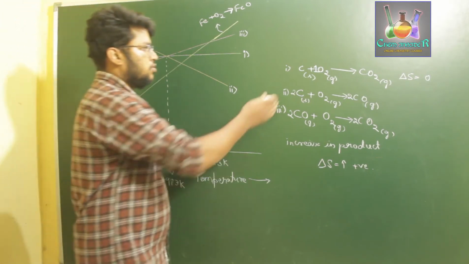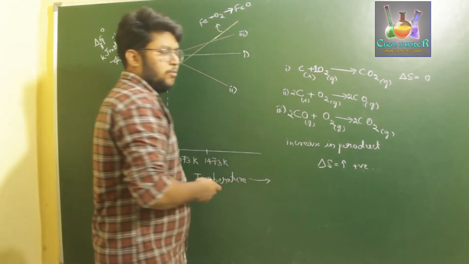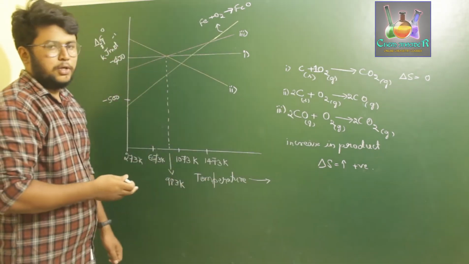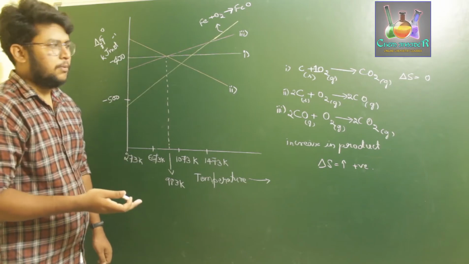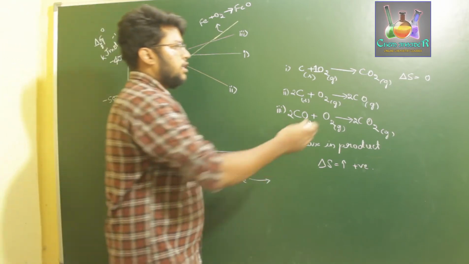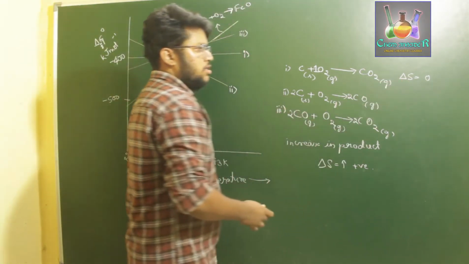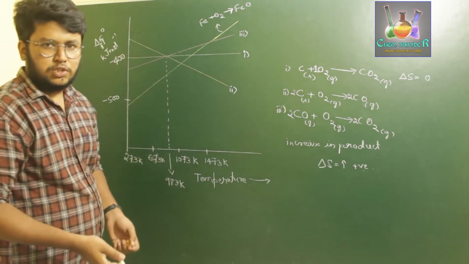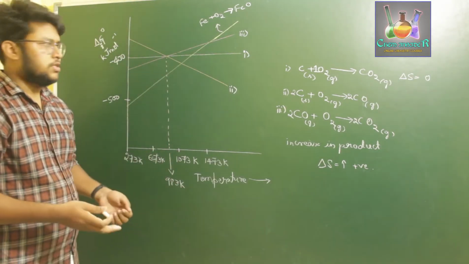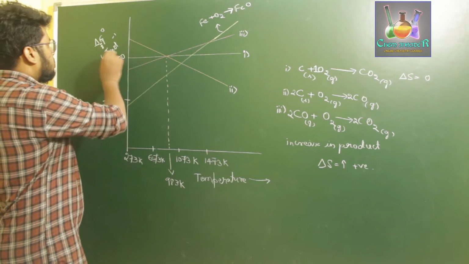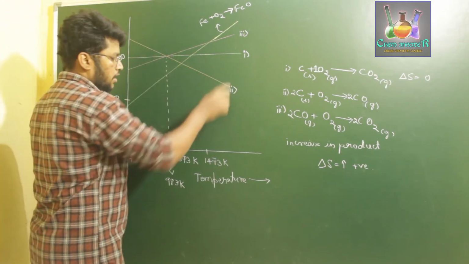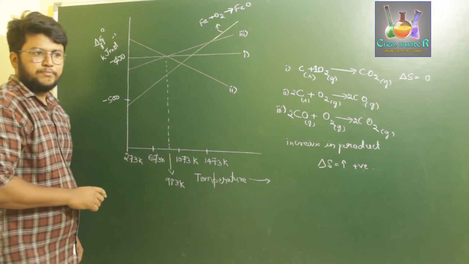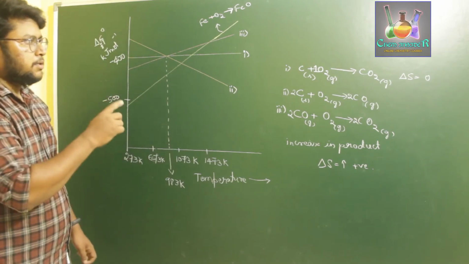So the entropy of the reaction will be 0, which means delta H will be a constant. Therefore the delta G of this reaction is also constant, a straight line parallel to the temperature axis. That is the first one.